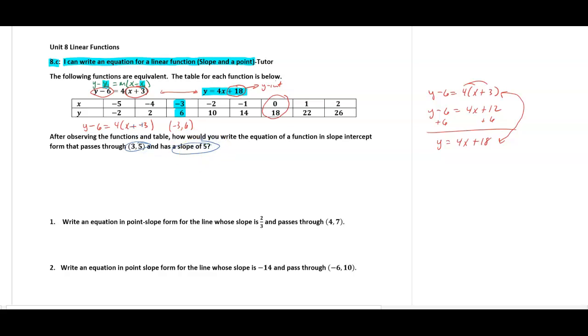Well, the first thing we're going to do to write it in slope-intercept form is actually just write it in point-slope form. So the first thing we're going to do is basically always find the slope.